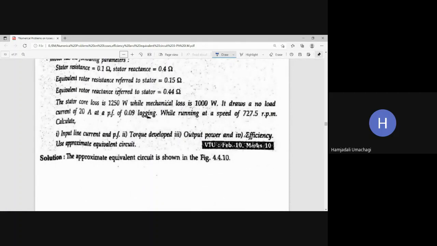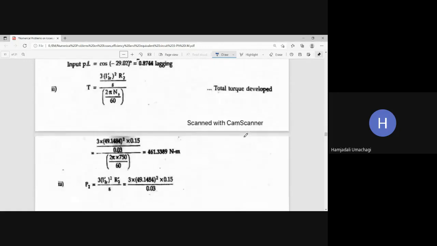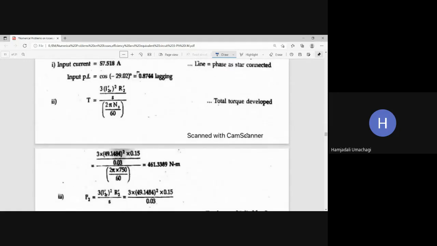Now in order to calculate the second parameter, torque developed, torque T is given by the formula P by omega S, where power P is the rotor copper loss PC by S, that is 3 times I2' squared R2' upon S. Omega S is 2 pi Ns by 60.